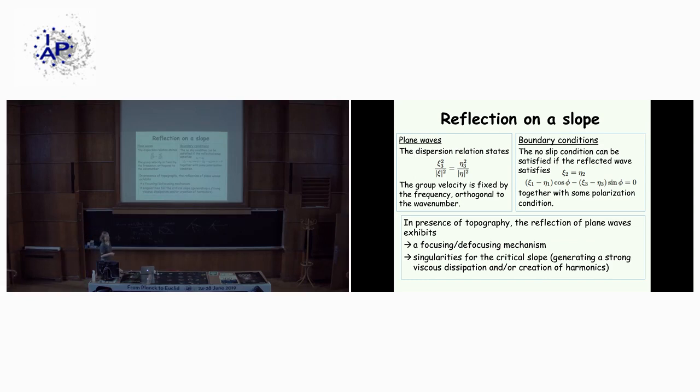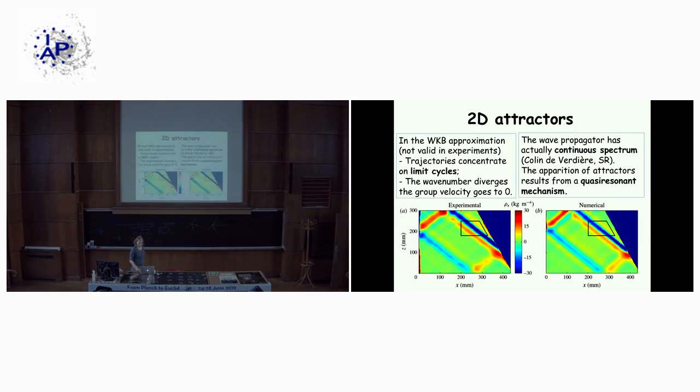And if you just look at the geometric approximation, WKB, which is related to the semi-classical setting that I mentioned before, then you can try to do this. You start with a wave.